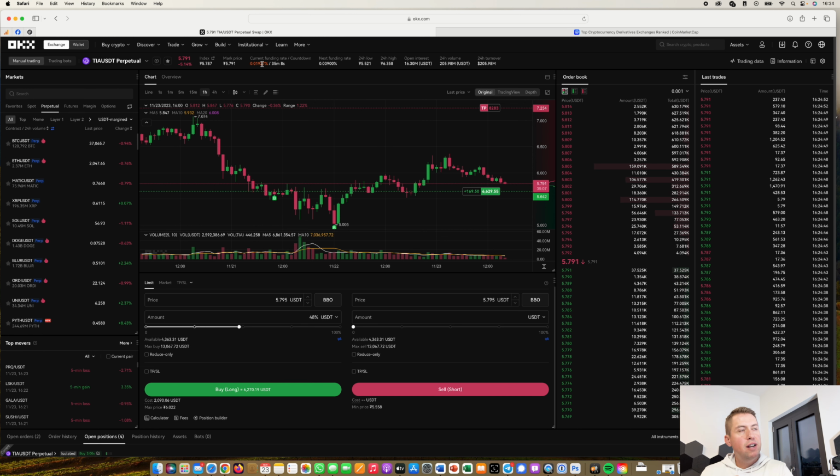However, it's a floating funding rate, so it can change every 8 hours. However, you're only paying that if you're in a position when the countdown here runs to 0. And then you basically pay, and then you have another 8 hours. And if you close your position earlier, you don't have to pay the funding.